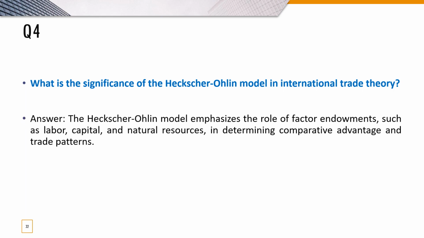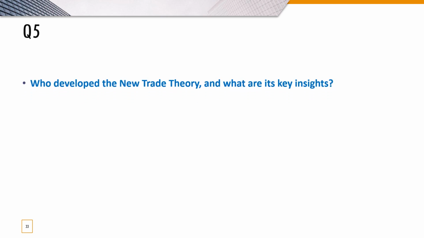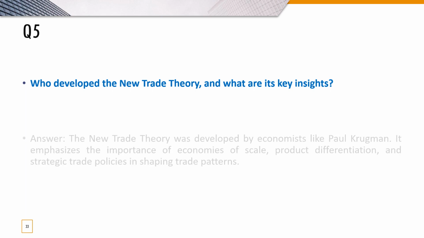The Heckscher-Ohlin model emphasizes the role of factor endowments such as labor, capital, and natural resources in determining comparative advantage and trade patterns.